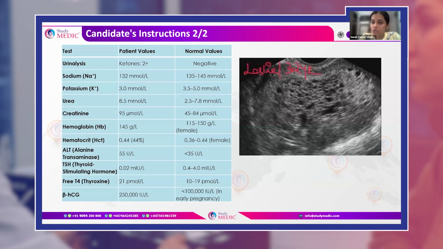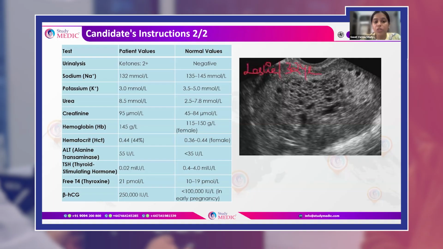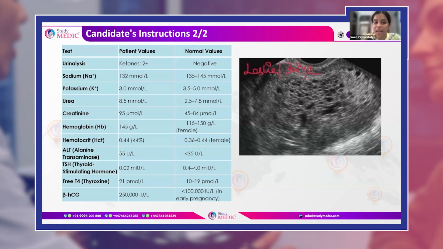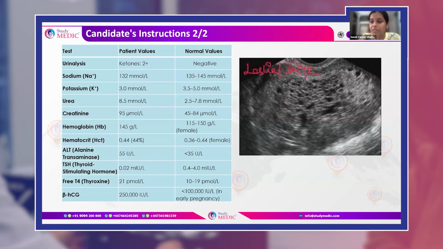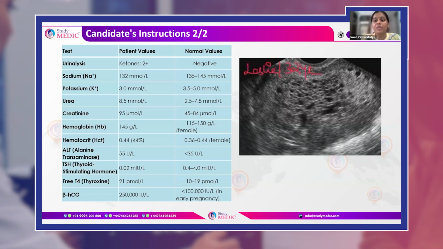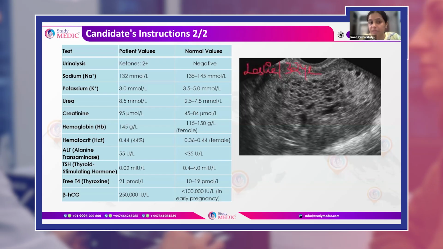I would recommend to get it done as quickly as possible because of this reason. Coming to your blood reports, I would also like to explain a bit because you are actually quite dehydrated now. Whenever there is molar pregnancy, your beta HCG levels, that is the pregnancy hormone levels, become very, very high. Because of this, you land up having excessive vomiting.